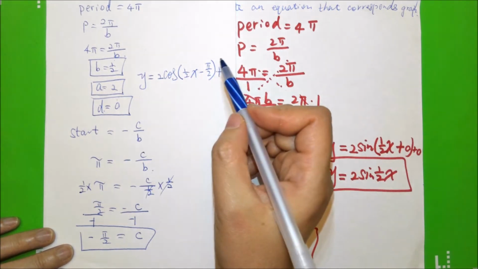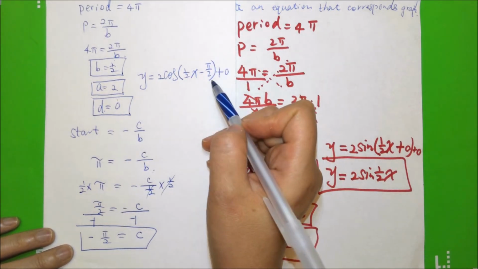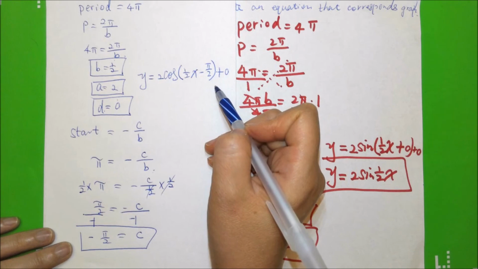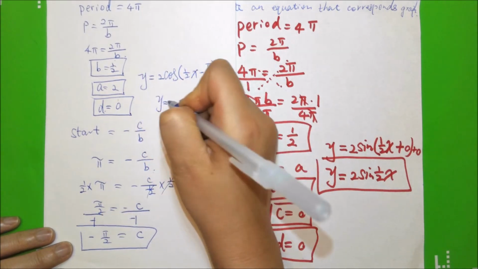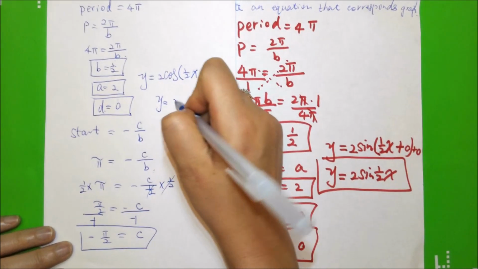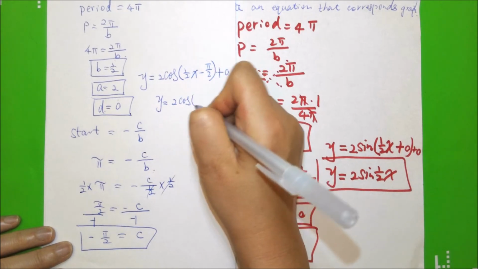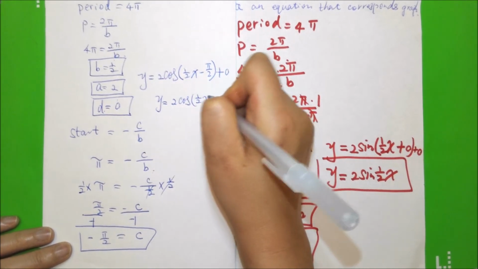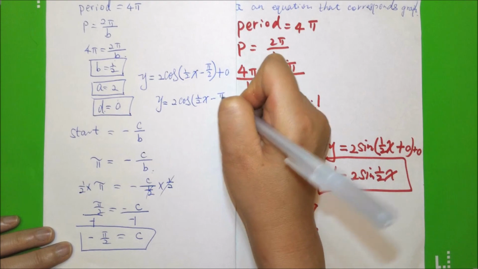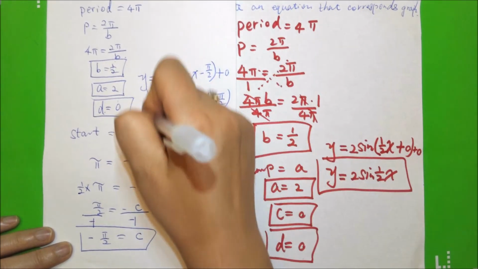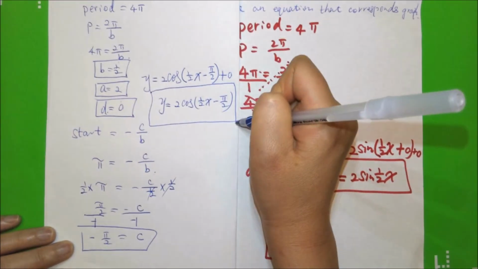Because if you don't, negative pi over 2 will be the D value. So I would like to rewrite my equation as y equals 2 cosine parenthesis 1 over 2x minus pi over 2 close parenthesis. I hope this helped.